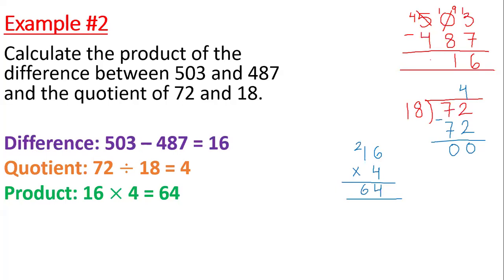Then you multiply every number from 1 to 4 until you get the answer, the quotient 72. Then you multiply the quotient, which is 4, times 16, and you got your answer. Very good, with the 64.